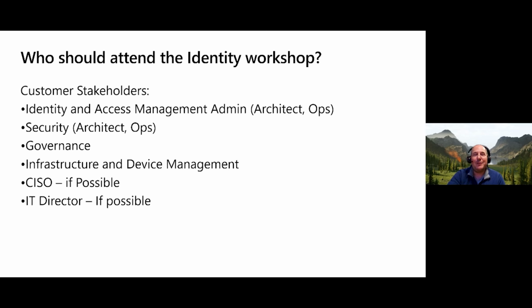Also, bring in infrastructure and your device management folks, and if possible, bring in leadership, so your CISO or IT director, just so you have that sponsorship buy-in and the blessing from your leadership in terms of the directions being taken in the workshops and decisions being made. So that's what we generally recommend from an attendance perspective.